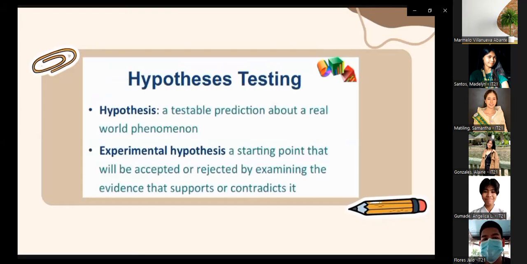A hypothesis is a testable prediction about a real-world phenomenon. Experimental hypothesis: a starting point that will be accepted or rejected by examining the evidence that supports or contradicts it.